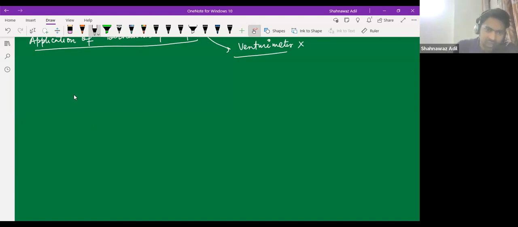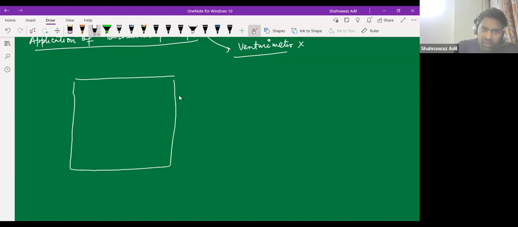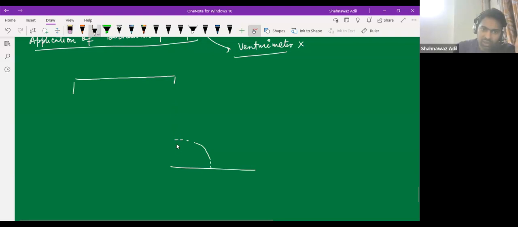So let's say you have this tank, and this is closed. You have this big tank, and then you make a hole at this point, and the water will come outside. This hole is very small.